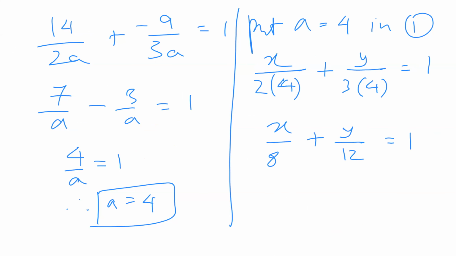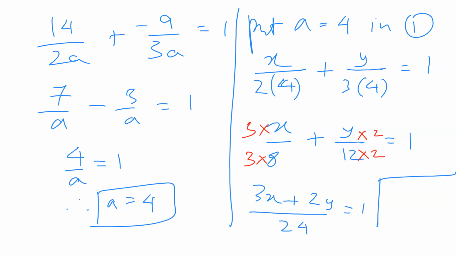You can take the LCM over here, multiply this by 3, and this by 2. Okay, so 3x plus 2y upon 24 is equal to 1.